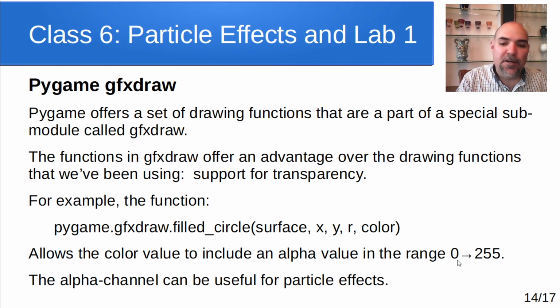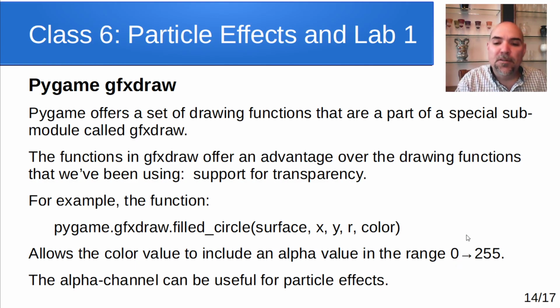255 is completely solid. 0 is completely transparent. So if you put 0 here, you won't be able to see it. If you put 255, it'll look like a solid circle. But if I put something like 127, that'll be about halfway transparent. If I put something lower than 127, like maybe 50, it'll be pretty transparent. You'll still be able to see it, but you can see through it. And if you put something at like 200, it'll be mostly solid, but you can see through it just a little bit.